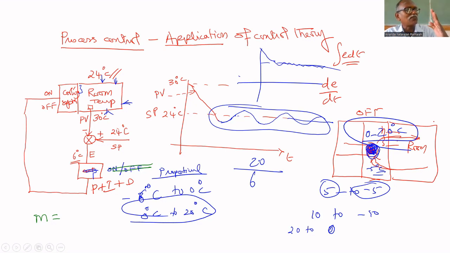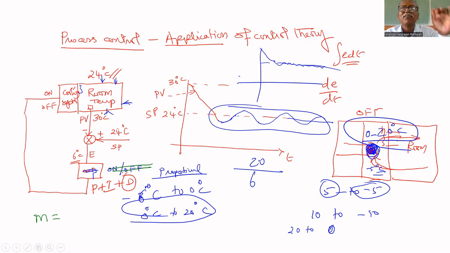If the error increases very fast, the controller will give more output. If it decreases very fast, it will also give more controller output. If there is no change, dE by dt is 0, meaning horizontal. Once it is settled at the set point, it will be horizontal. No controller output is needed, because it is not changing. Whenever it changes, then only it will work.